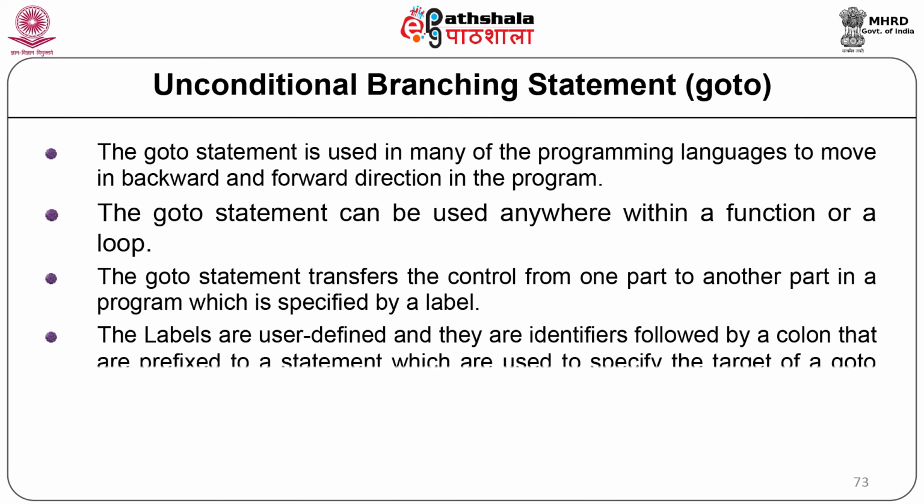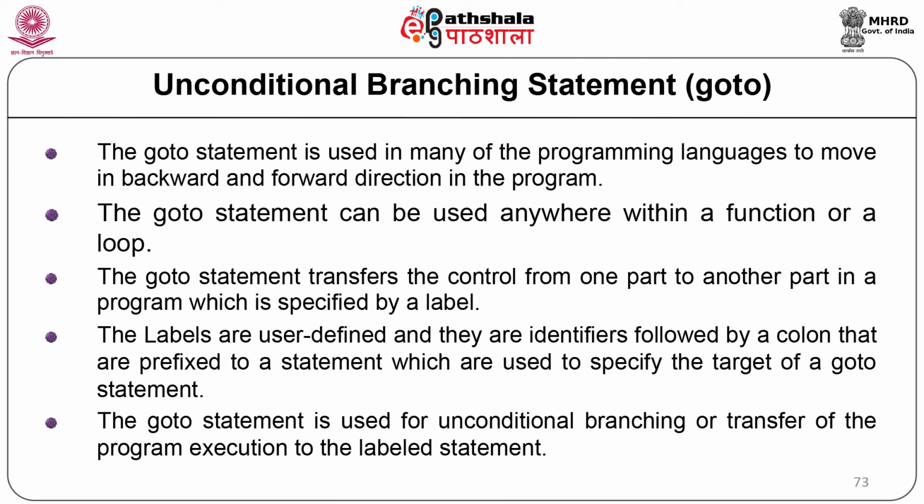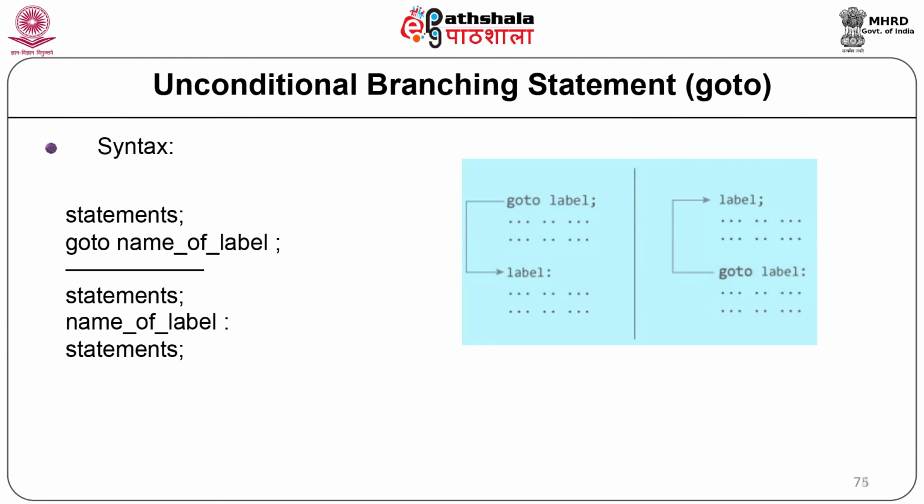The labels are user defined and they are identifiers followed by a colon that are prefixed to a statement, which are used to specify the target of a goto statement. The goto statement is used for unconditional branching or transfer of the program execution to the labeled statement. The syntax is statements, goto name of the label semicolon. Now the name of the label colon and the statements.